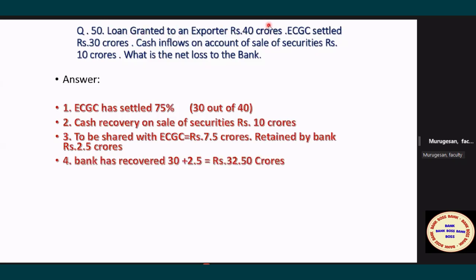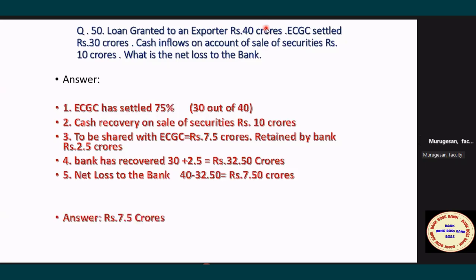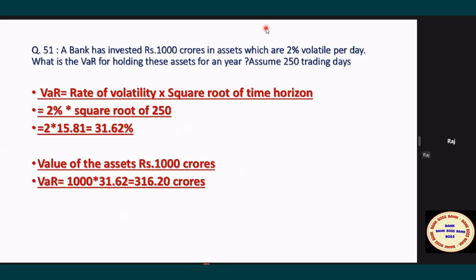Okay, loan granted. The amount is 300 lakh. ECGC coverage is 75%. Yes, 70% up to 200 lakhs only. That is up to 200 or up to 150, sir? No, that is 70% of 200, which is 150. They are giving 70%, but now their cover is extended up to 200. On 200, they will give 70%.